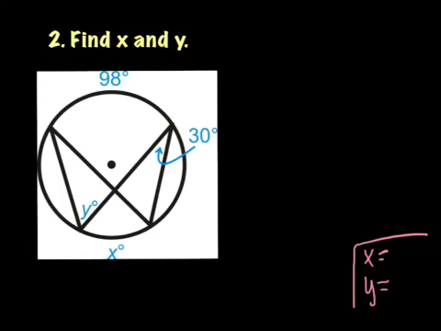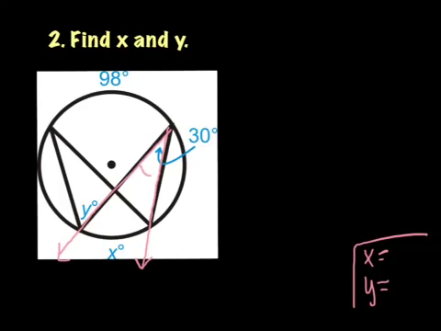So what I like to do is extend these chords so we can see which arc is really being formed. So I like to use a different color and extend the chords so that it's easier to see the angle and the arc that's formed.